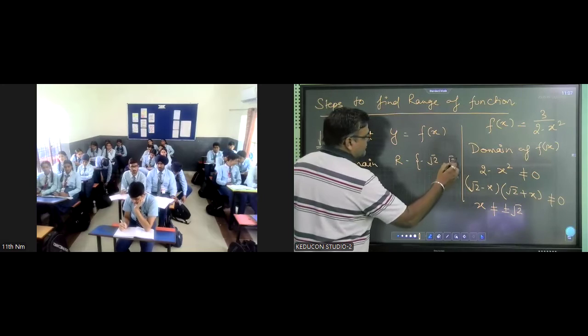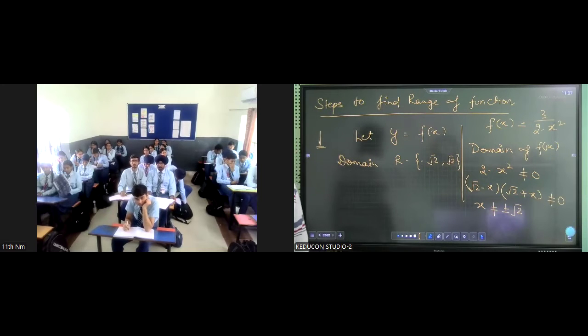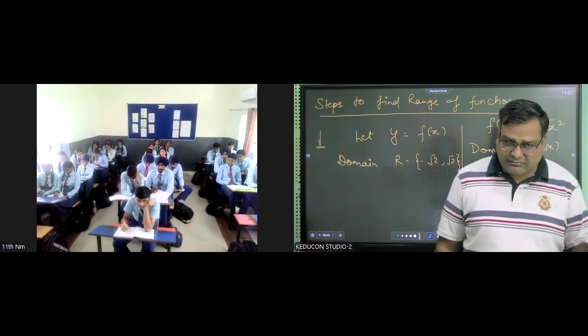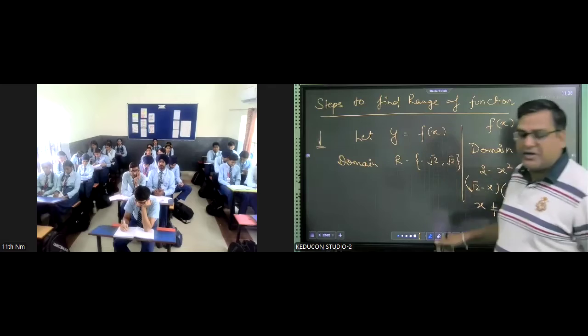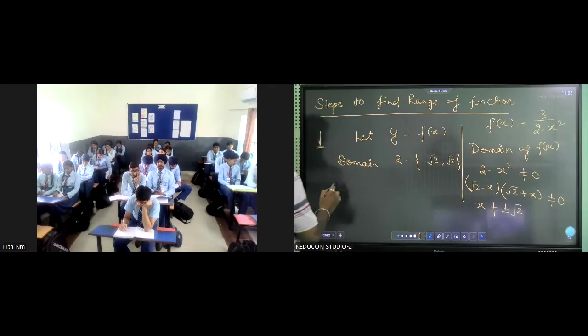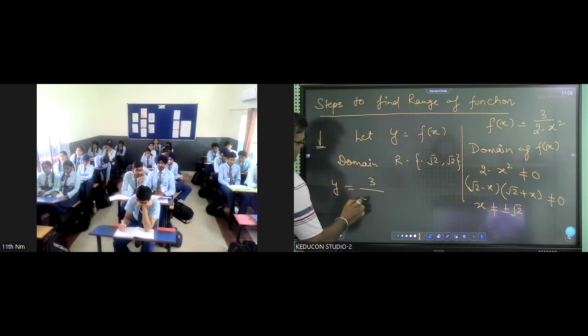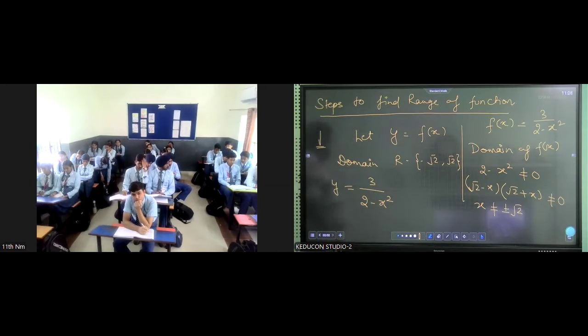Clear, students? Is this the domain of this function? Yes or no? Yes. Now, see what the steps are. First step is let y is equal to f(x). Now, what does the function become? Is this clear? This is the first step.